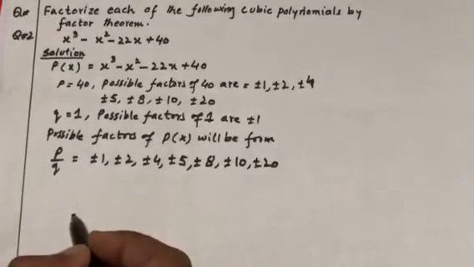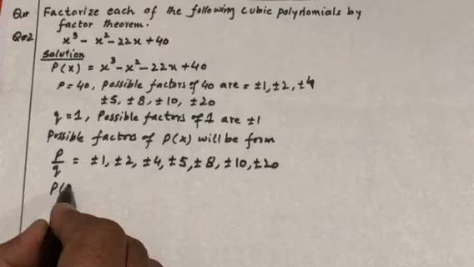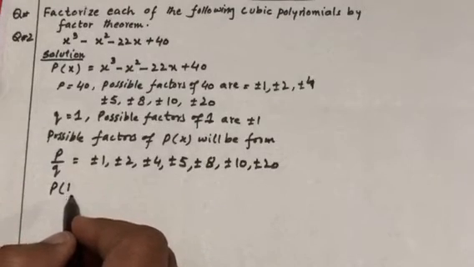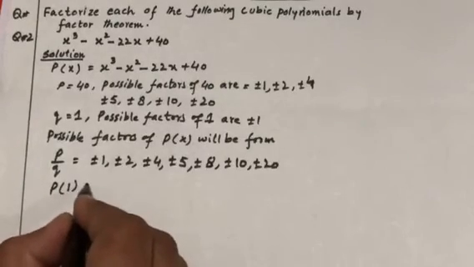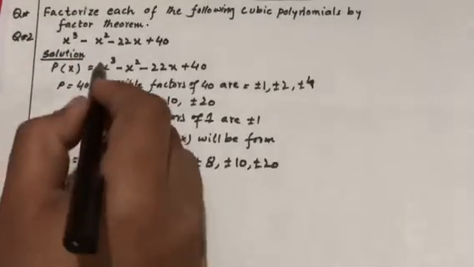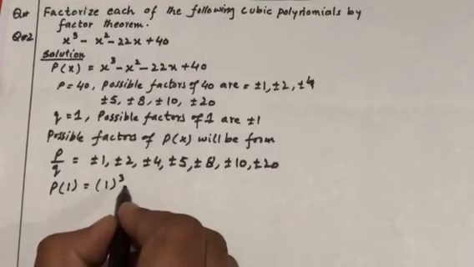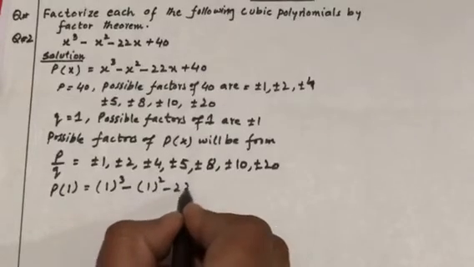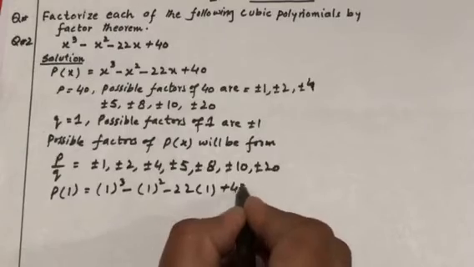So if we replace x by positive 1, then we will check by replacing x as 1. So 1 cube minus 1 square minus 22 into 1 plus 40.